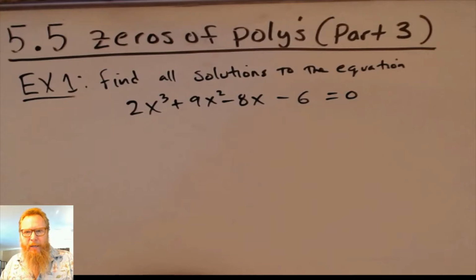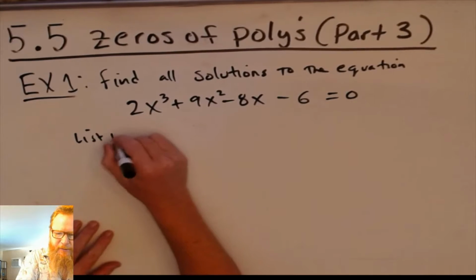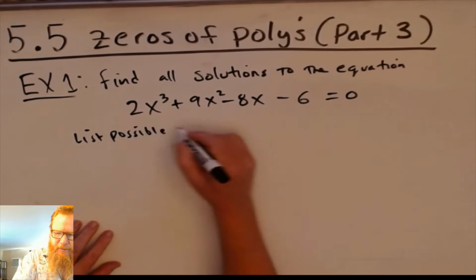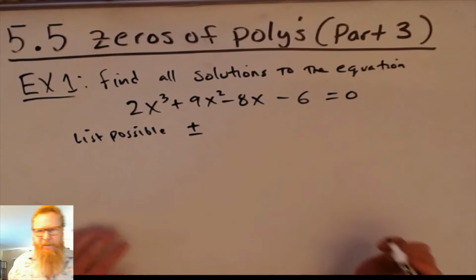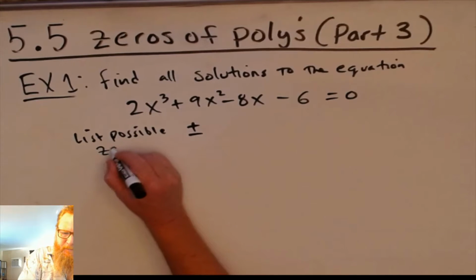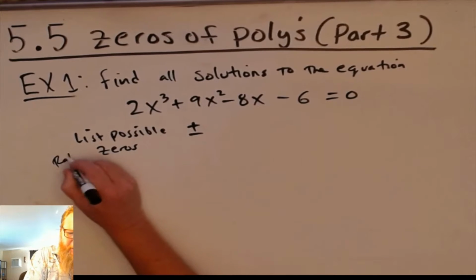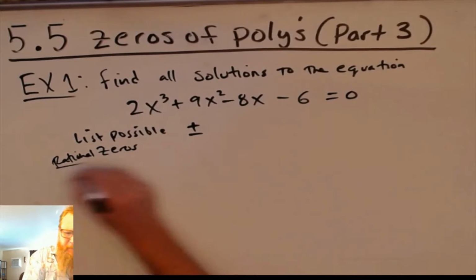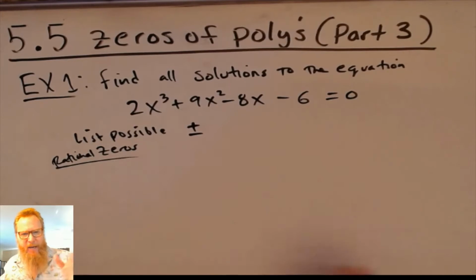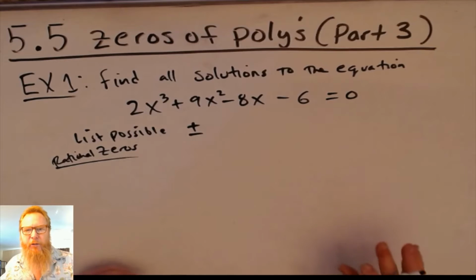Okay, so now you can just start diving in, start throwing out numbers. I'm going to go ahead and make the list. So these are the possibilities. Now these are the rational zeros. So this list does not include any square roots or any imaginaries, which might show up later today.